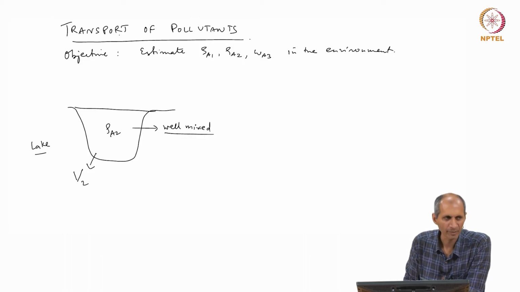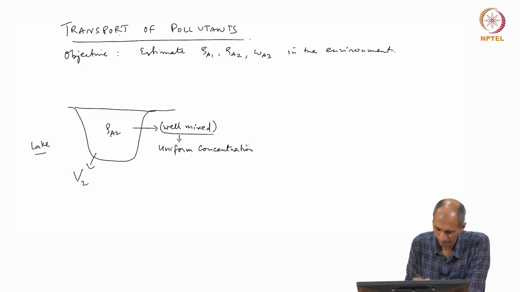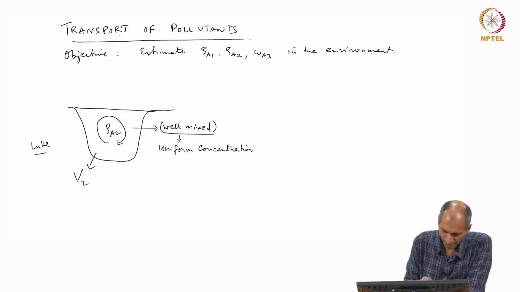When we say it is well mixed, we are assuming that the concentration is uniform. We will not worry about how it is mixing. Let us assume it is mixing, which means the concentration is always uniform.